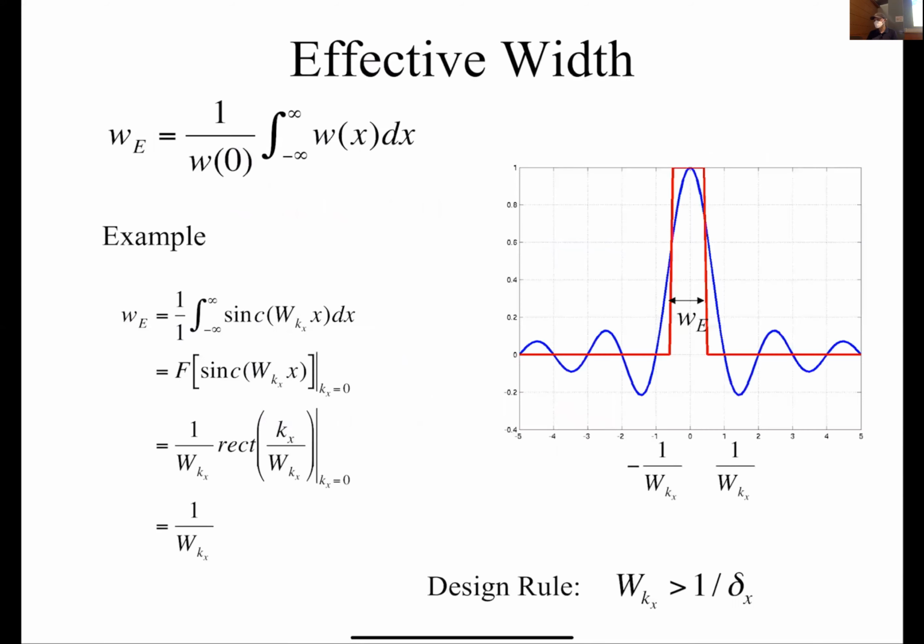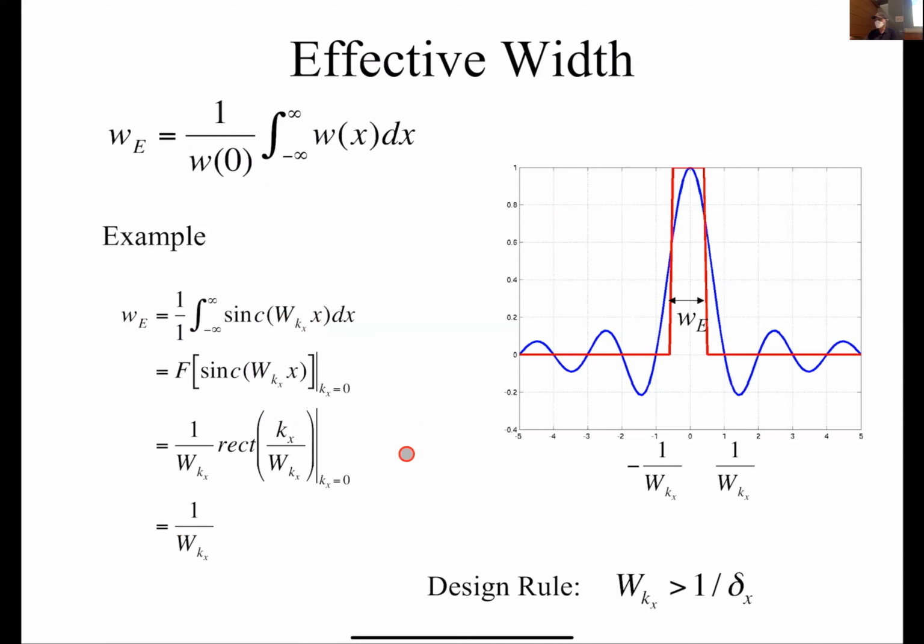So shown here. We know that if we have a sinc of wkx x, this corresponds to a rect that has width of wkx in the Fourier domain, then this has an effective width of 1 over wkx.